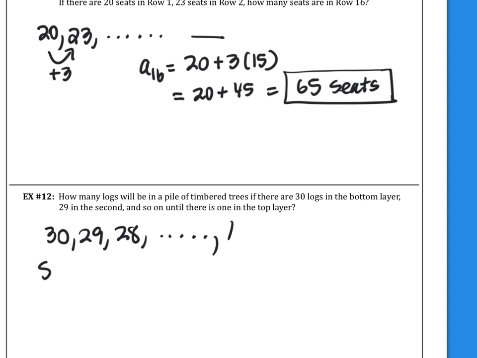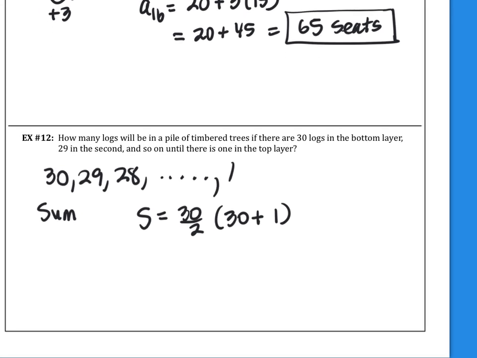So we're looking for the sum, because it's the total of all the logs. So the sum, there's obviously 30 rows, right? So 30 divided by 2. First row has 30, last row has 1. That's 15 times 31, which is 465 logs altogether.